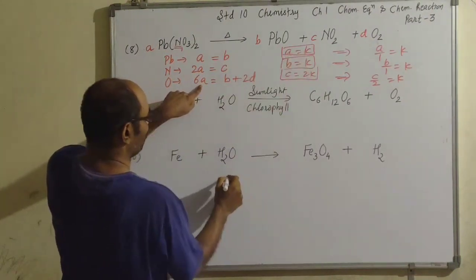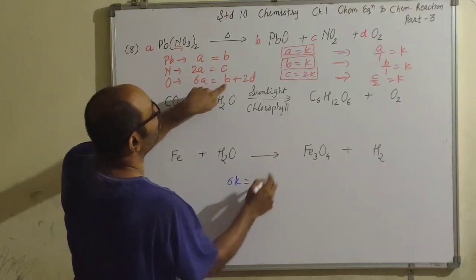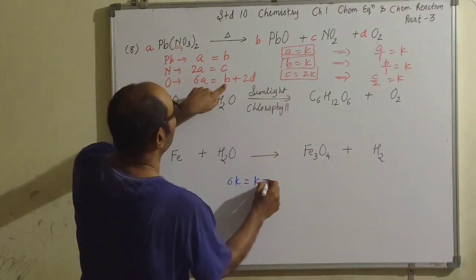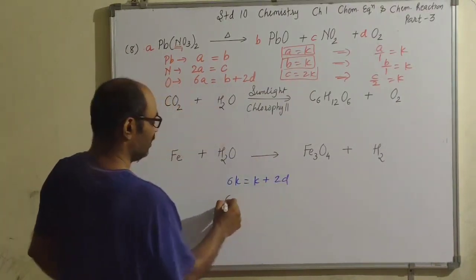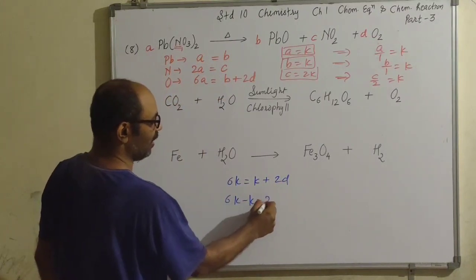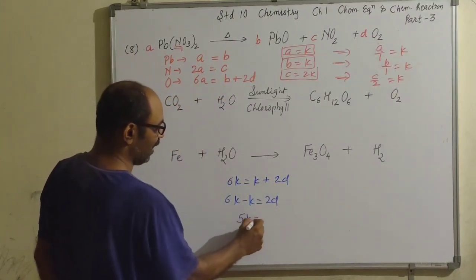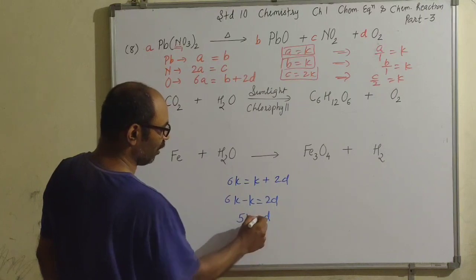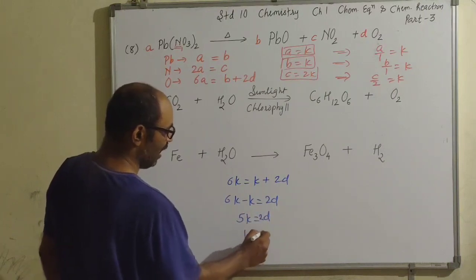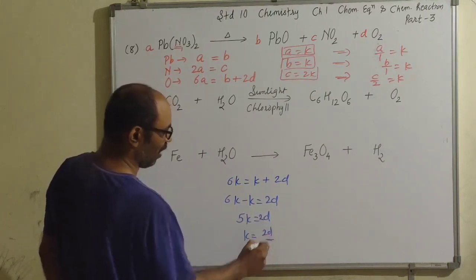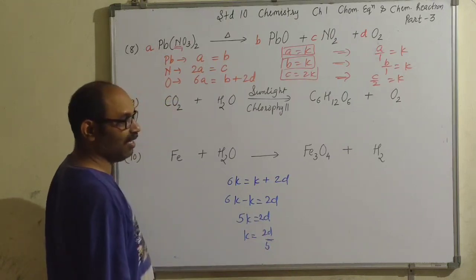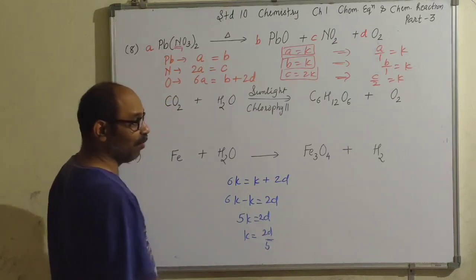Now A is K. So 6K is equal to B. B is also K. So K plus 2D. 6K minus K is equal to 2D. 5K is equal to 2D. Therefore, K is equal to 2D upon 5.